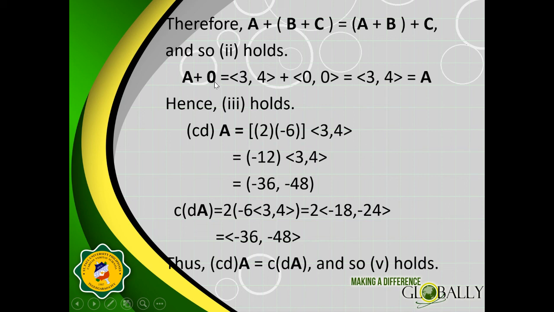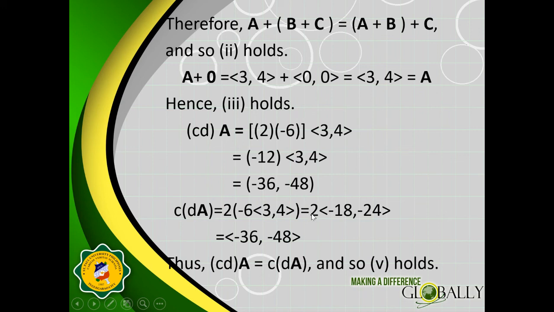A plus the 0 vector equals A. It is easy. Hence, the third equation holds. cd multiplied by A: we first calculate cd. So, -12 multiplied by (3, 4) equals (-36, -48). c multiplied by dA: we calculate dA first.